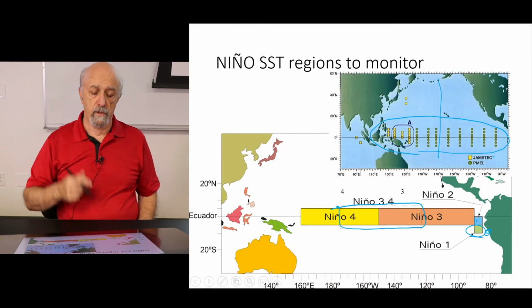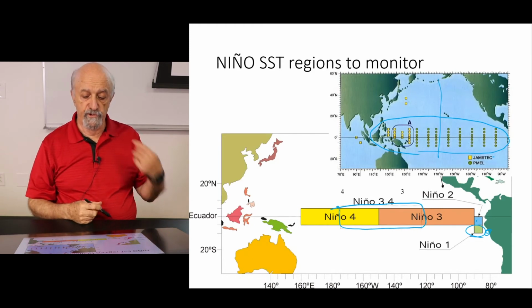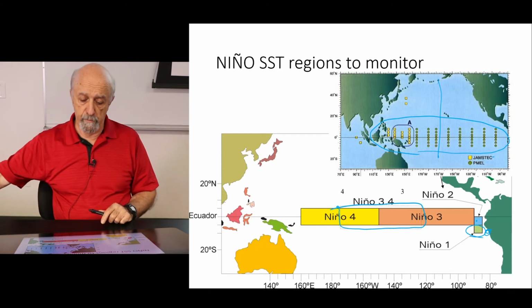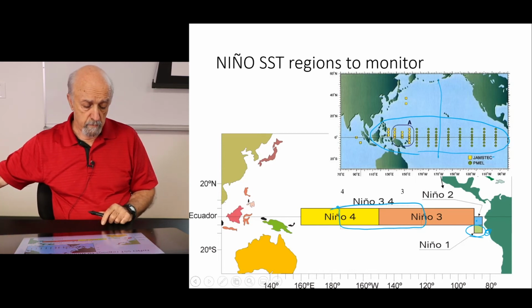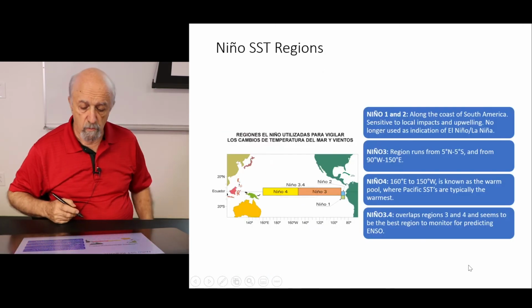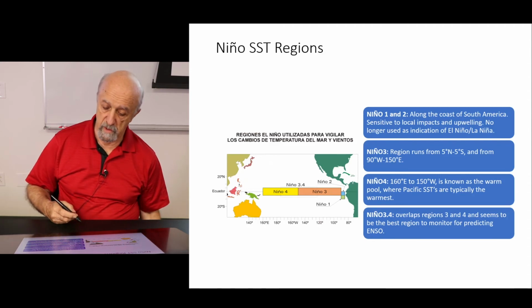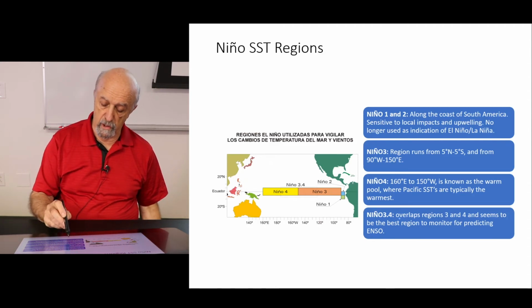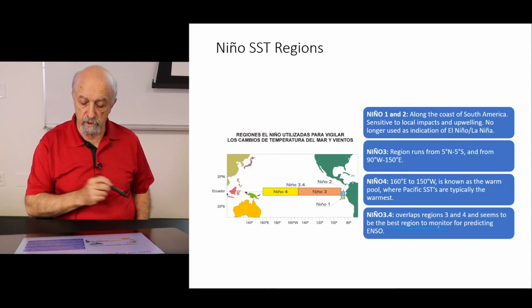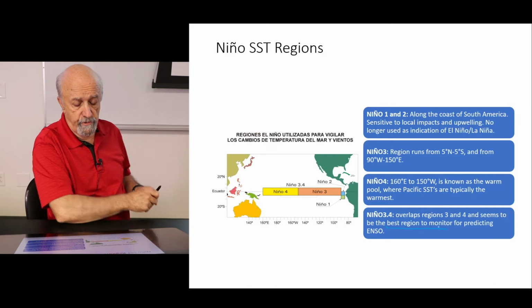That's the place we should monitor to see variations in the SST, or sea surface temperature, or the Southern Oscillation Index. So, an explanation here about what we just talked about. Niño 3.4 overlaps part of 3 and 4, obviously, and is the best region to monitor for predictions.